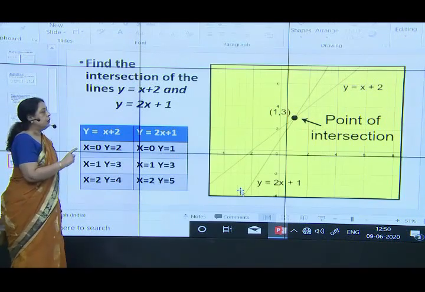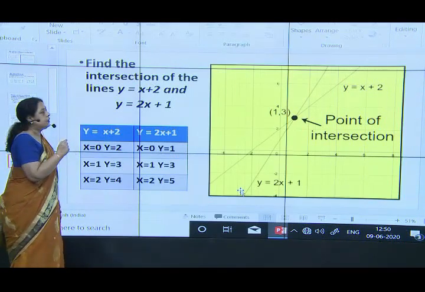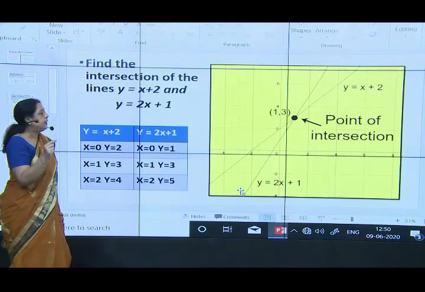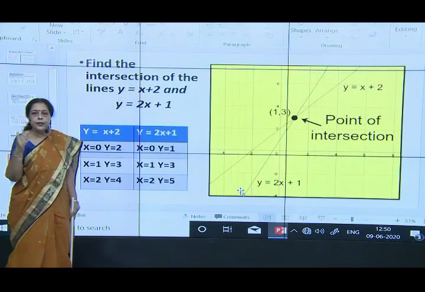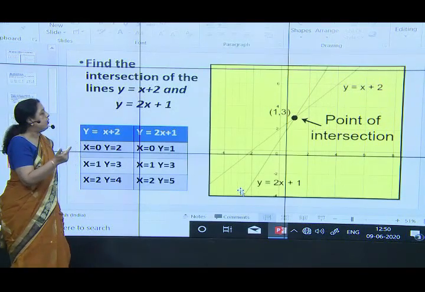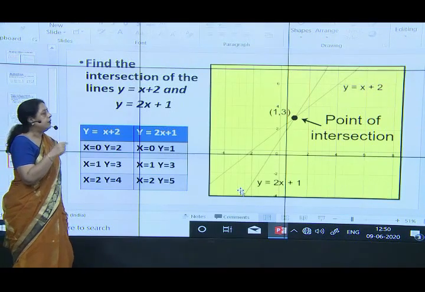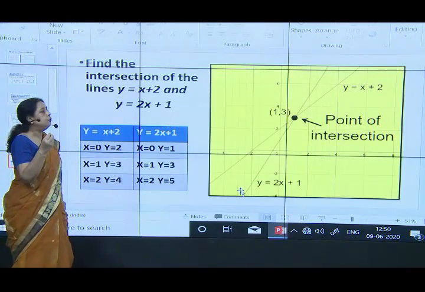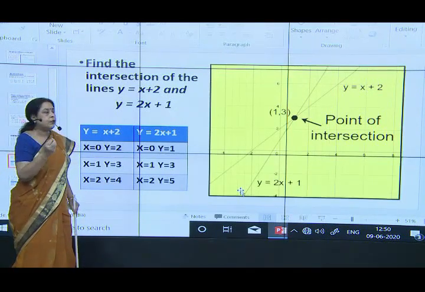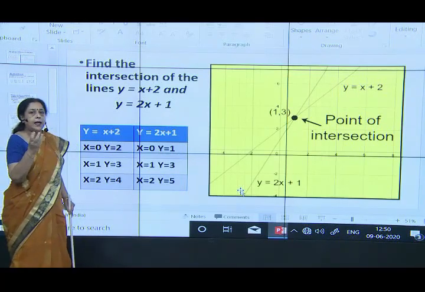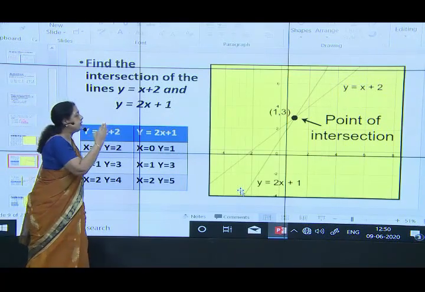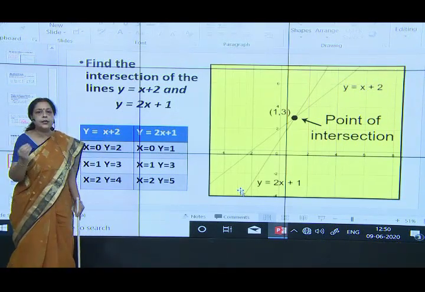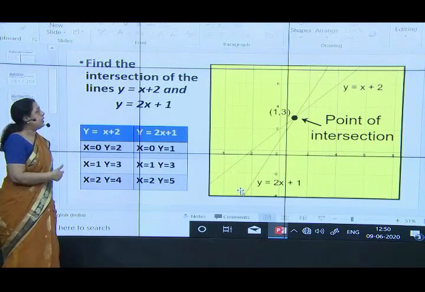As we know, in the ordered pair, the first number always represents the x coordinate and the second number represents the y coordinate. Hence, here x equal to 1 and y equal to 3. So, in case of intersecting lines, we get a solution that is the point of intersection. Let us take another example.